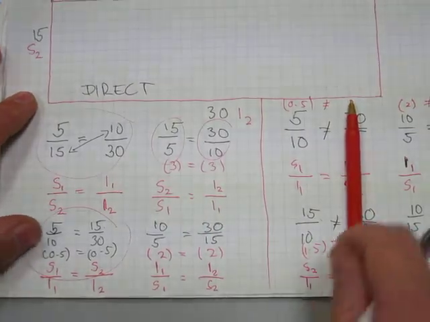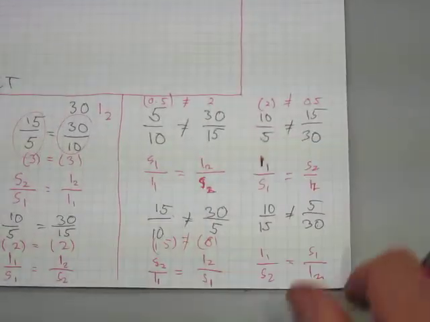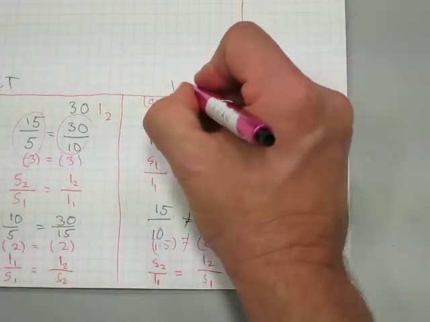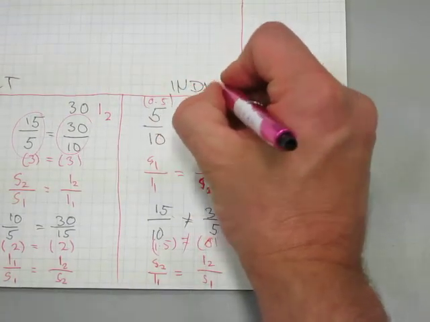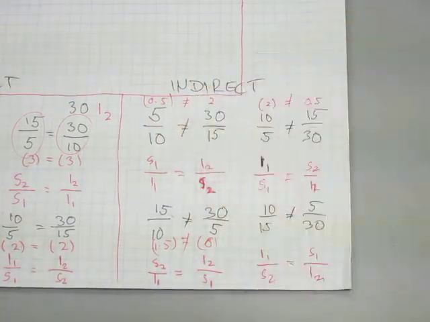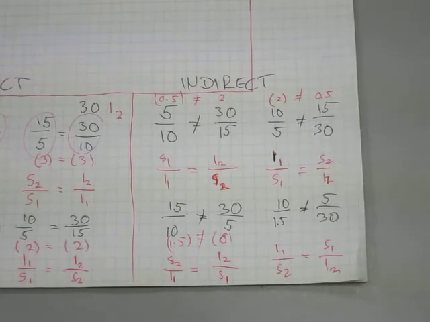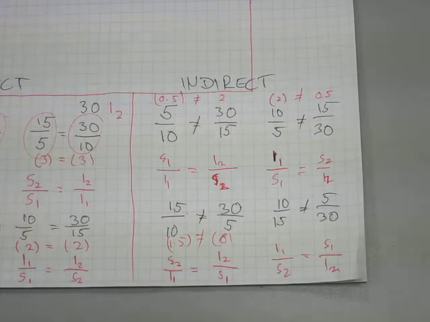Calculating direct proportions. And all of these formats are useful in calculating indirect proportions. And I know that the equality is not preserved in either of these, but they will be used exactly as is.